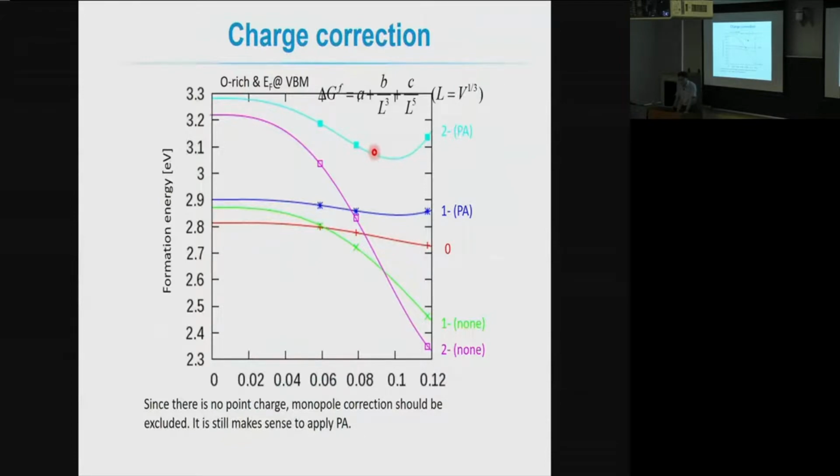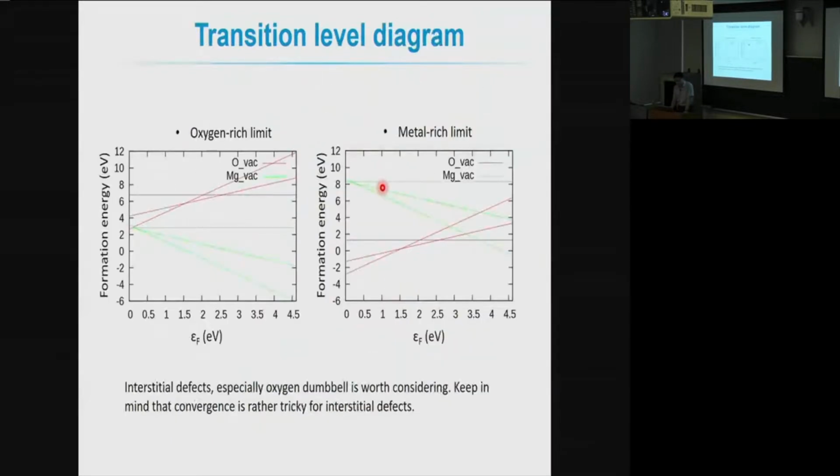In such a delocalized charge state, the charge correction scheme usually fails or is not effective at all. All those charge correction schemes work best when you have a localized defect level.